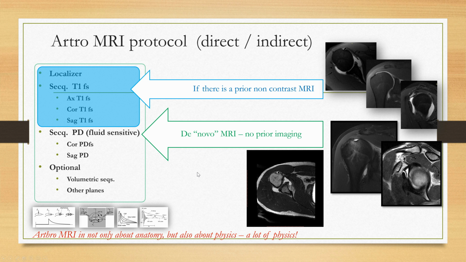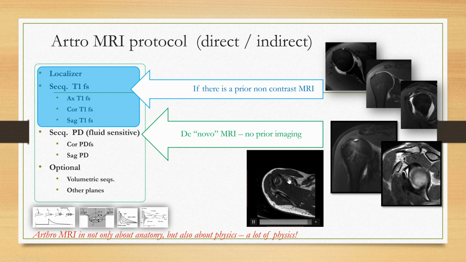T2 or PD sequences are fluid sensitive, which means that the fluid is bright, so you can appreciate the bone marrow edema, which you could not appreciate on arthro MRI sequences, and also you can use some volumetric sequences, which offer you very good spatial resolution.